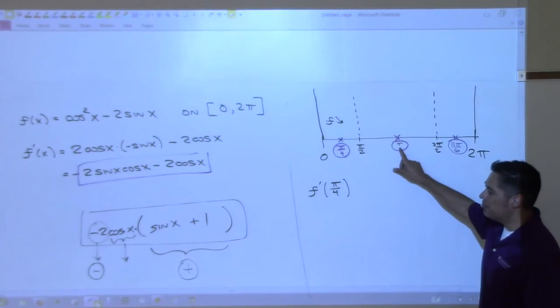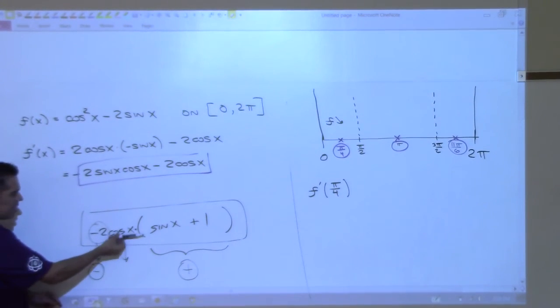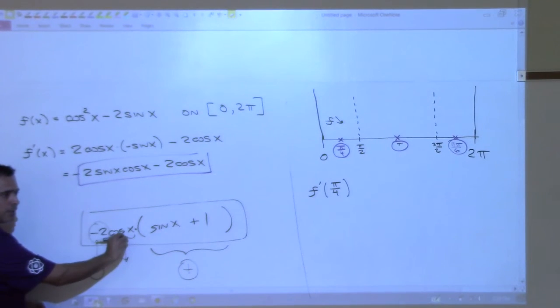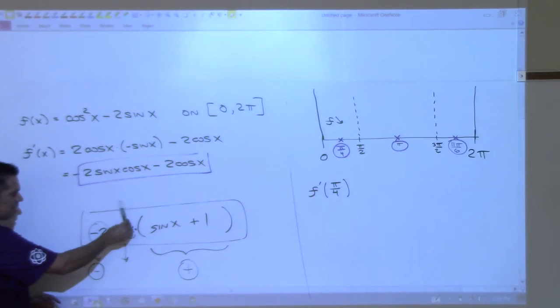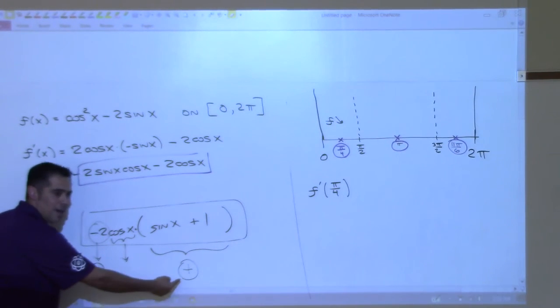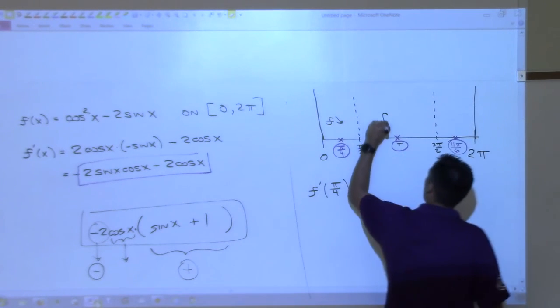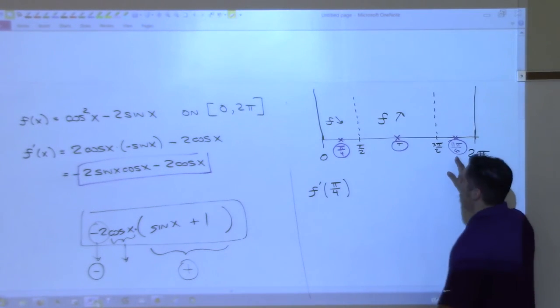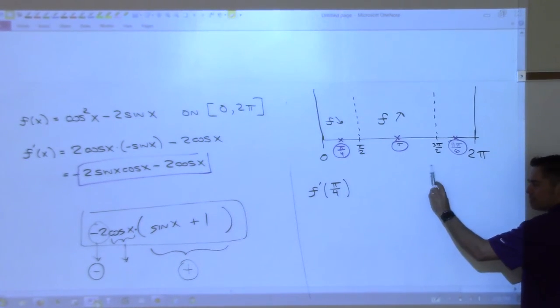What about at pi? So -2, cosine of pi, I'm at pi, pointing that way. What's cosine of pi? -1. So this is negative times -1 times positive, so that's going to be positive. So it goes up. And then at 11 pi over 6, what is cosine?